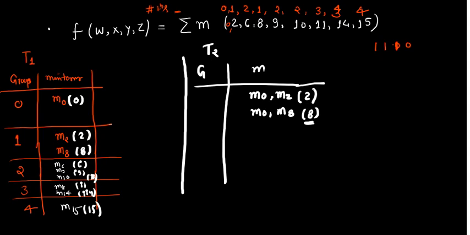Then group number 1, correct? So you can have 1, 2, 4, 8. Next, can you combine M2 with M6? Yes. The difference is 4.